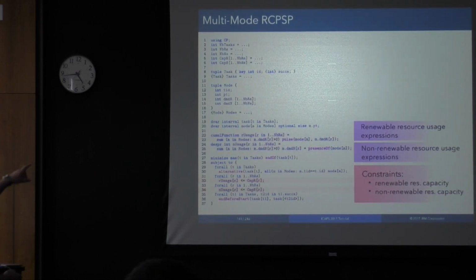This is a multi-mode RCPSP, but it's basically very similar to RCPSP actually. You only need to have alternatives for each mode, and each mode is described by the usage of non-renewable resources and the usage of renewable resources as cumul functions.